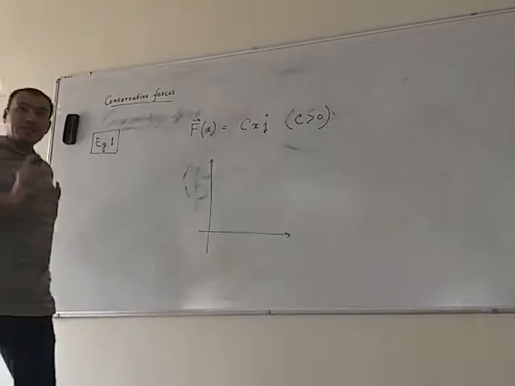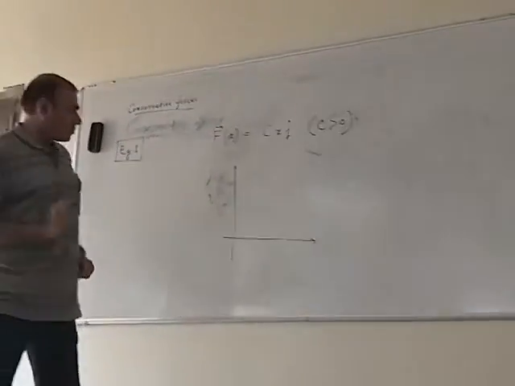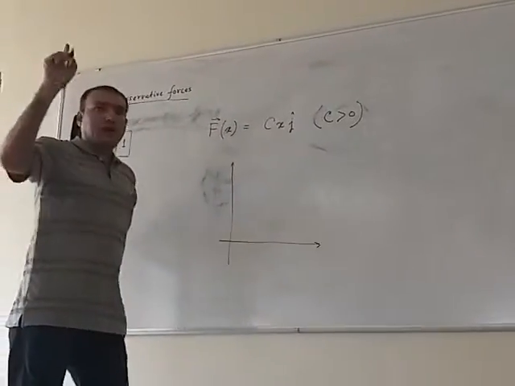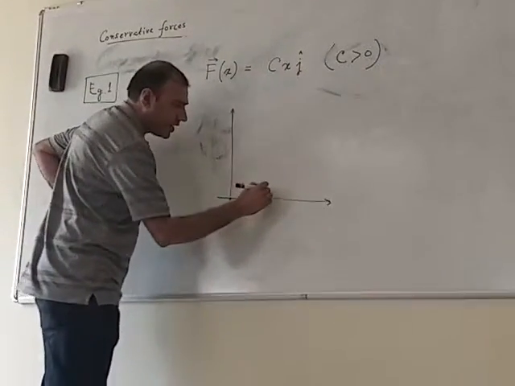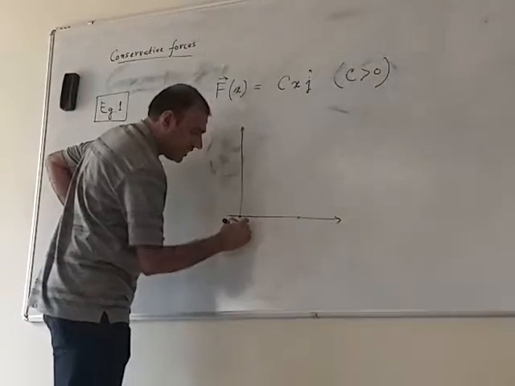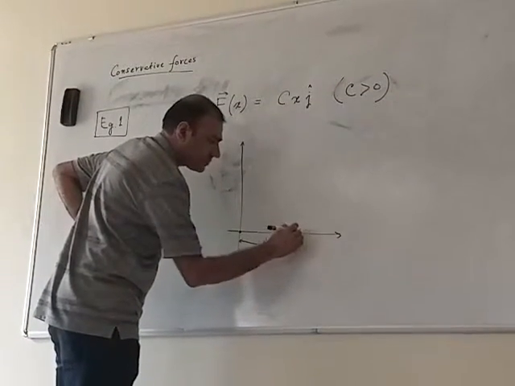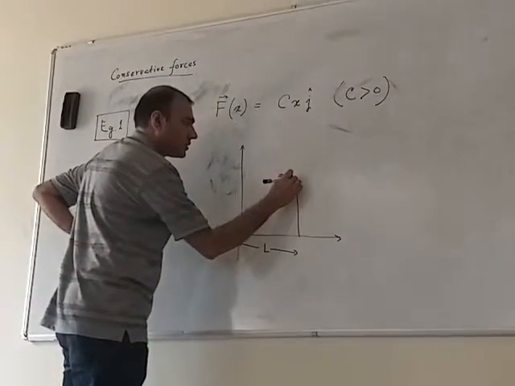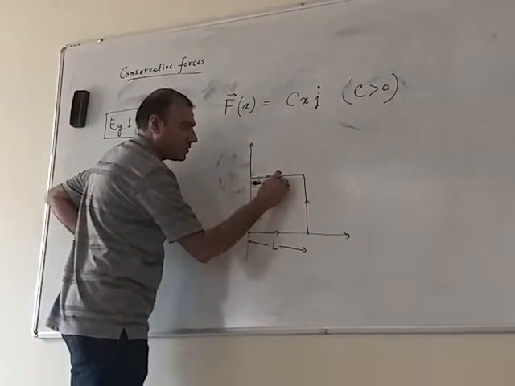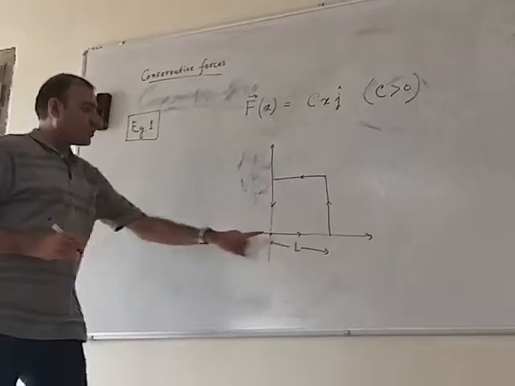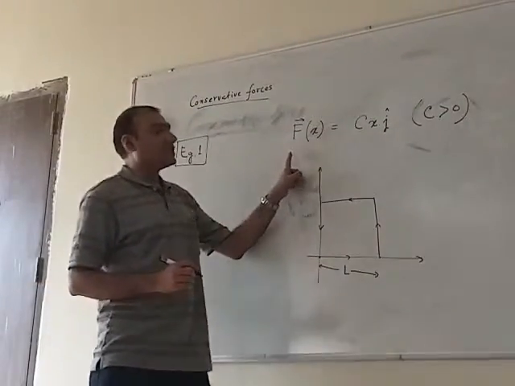you are moving an electron in a closed path. Now, what is that closed path? It's like a square of length L. So you are moving the electron in this force field.